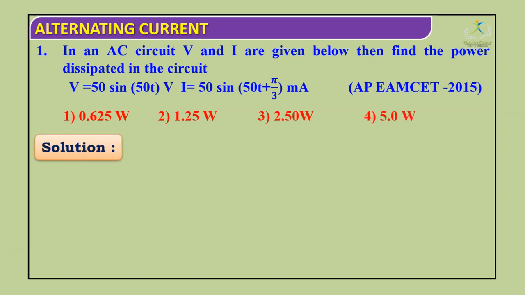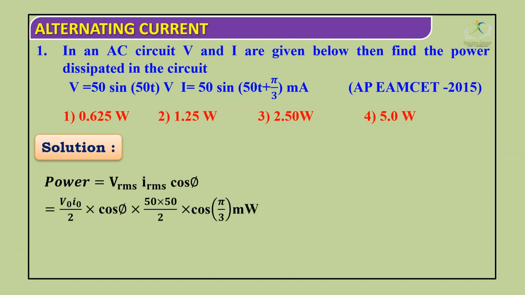The solution of this question. Power, we know, is Vrms Irms cos phi. So that is V naught by root 2 times I naught by root 2 times cos phi, or we can write this as V naught I naught by 2 into cos phi.